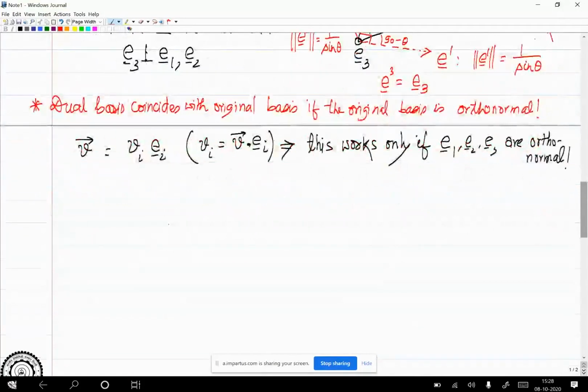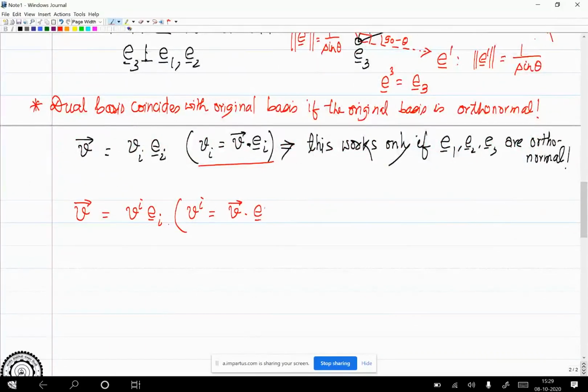What I'm saying is this thing does not work always. But with the introduction of the dual basis, we can write the following: V equal to V super i E sub i, where V super i is the component of the vector along the dual basis.